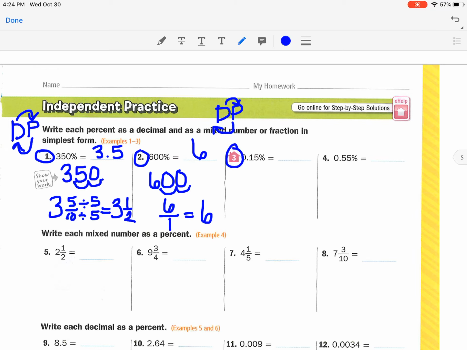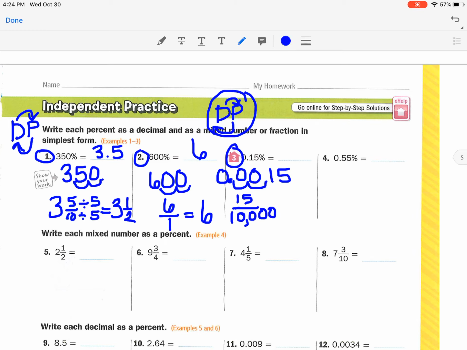I have 0 and 15/100%, and I'm turning it into a decimal. So a percent to a decimal, again, right here is a percent to a decimal. I'm going to move it 2 places to the left, 1, 2. I'm going to annex a 0, and there's my decimal, 0 and 15/10,000ths.